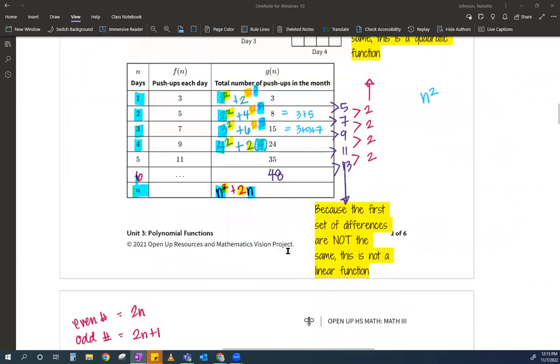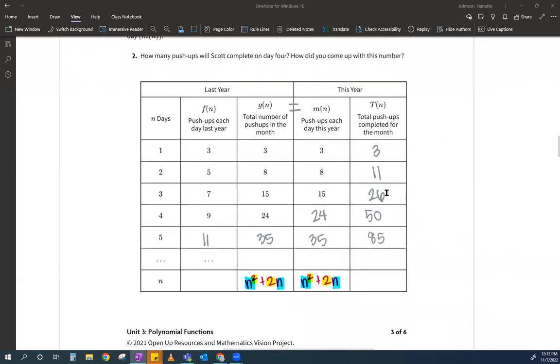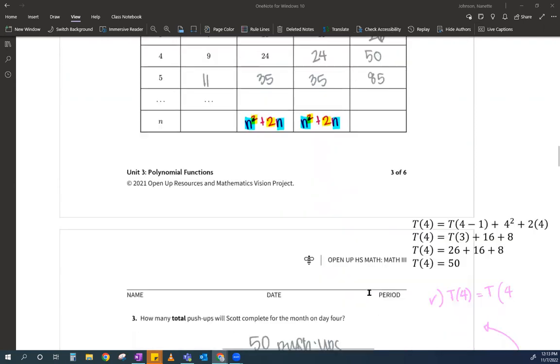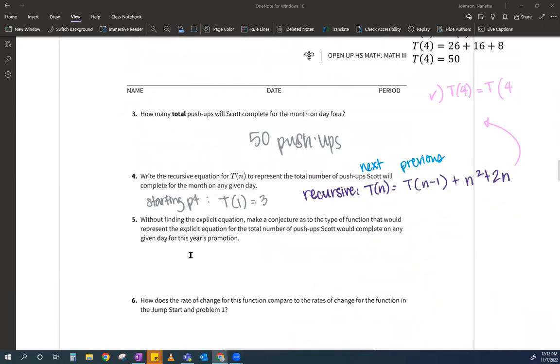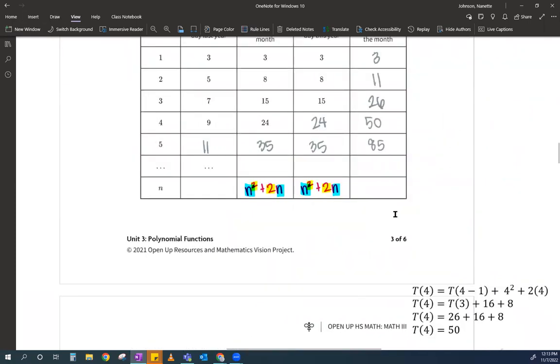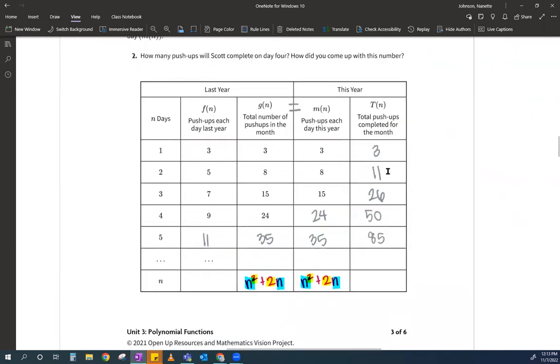So what happens if you take a quadratic and you add it to another one? What kind of function do you think this would be? Any guesses? So someone says linear in the chat, and let me just see.